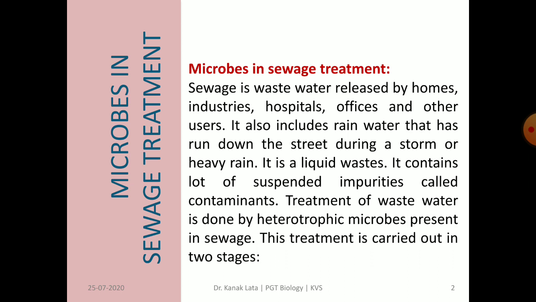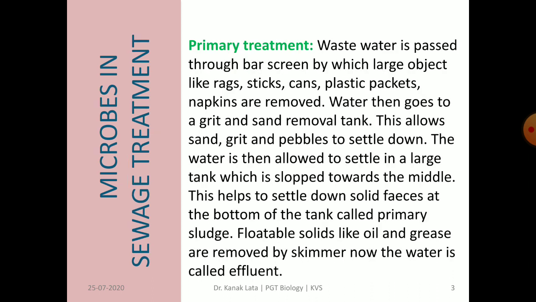Which type of microbes? Heterotrophic microbes, and it is carried out in two stages. What are the two stages? Primary treatment and secondary or biological treatment. We will discuss them one by one.